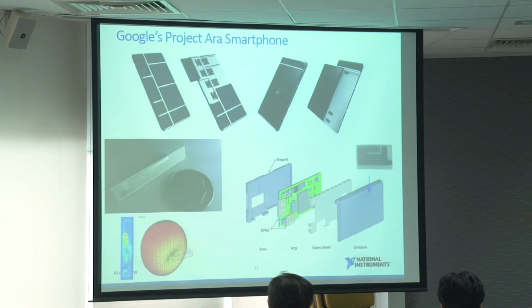So this was a project that was a good example of using this tool for a very challenging project. We were providing the antenna work for Google's Project Ara smartphone concept, a modular smartphone concept, and we were trying to see how much performance we could get out of these different modules that would be plugged in and out, and we would prefer that they carried their own antennas.